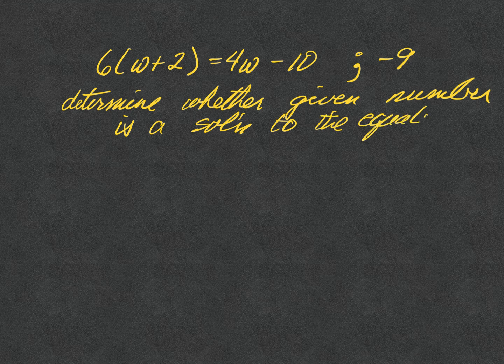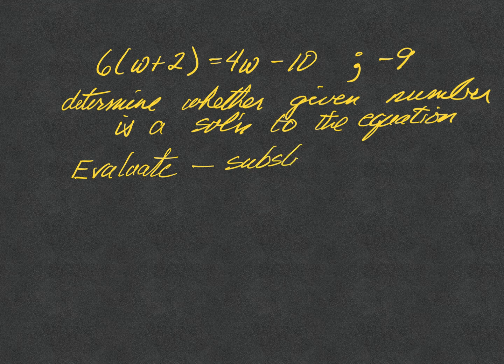Whenever we want to determine whether something is a solution, that means we need to evaluate. And evaluate always means substitute. They're not going to tell us to evaluate it. That's something you have to know.